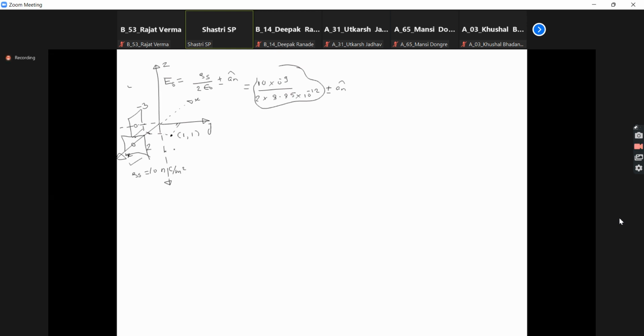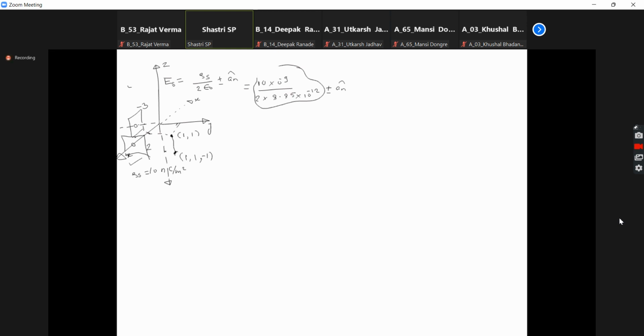You have to take this point 1 meter down somewhere here. So this is the location where you are asked to find out the field intensity.